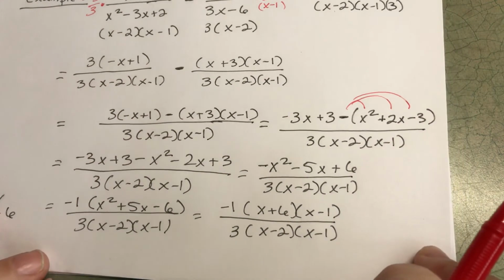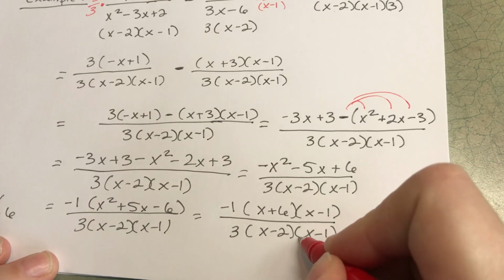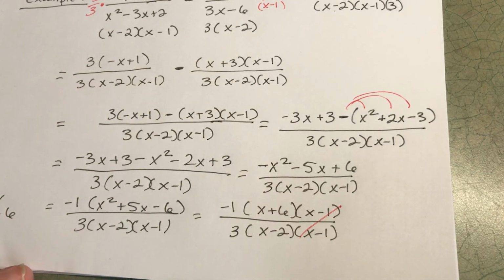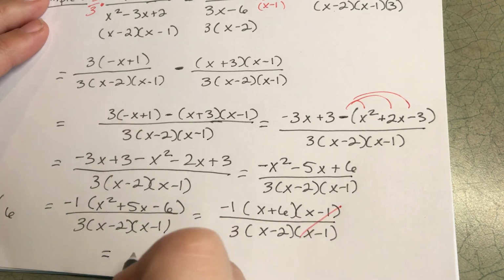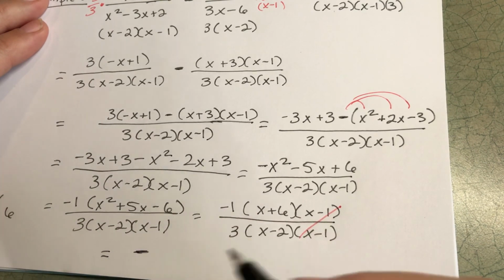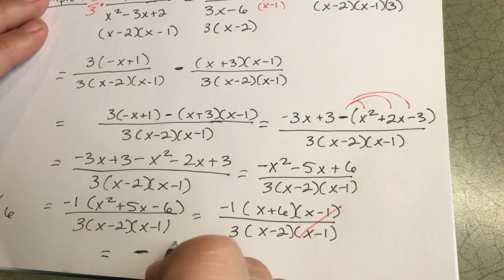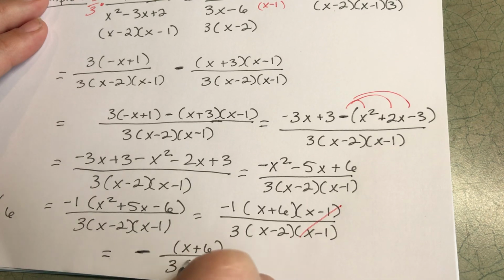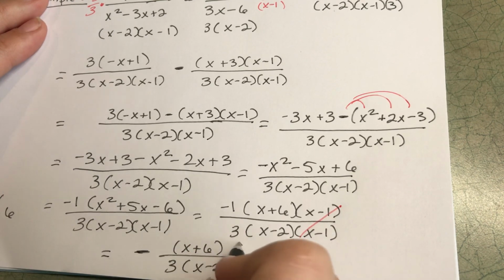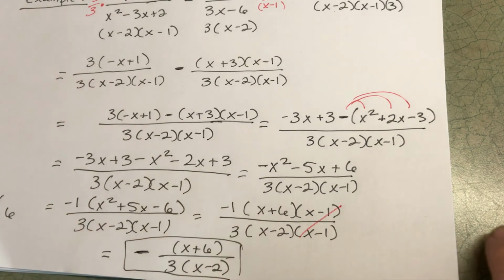Okay, so then I can simplify that, and so I end up with this negative, you can just put anywhere. This is x plus 6 over 3 times x minus 2 is your final answer. Okay.